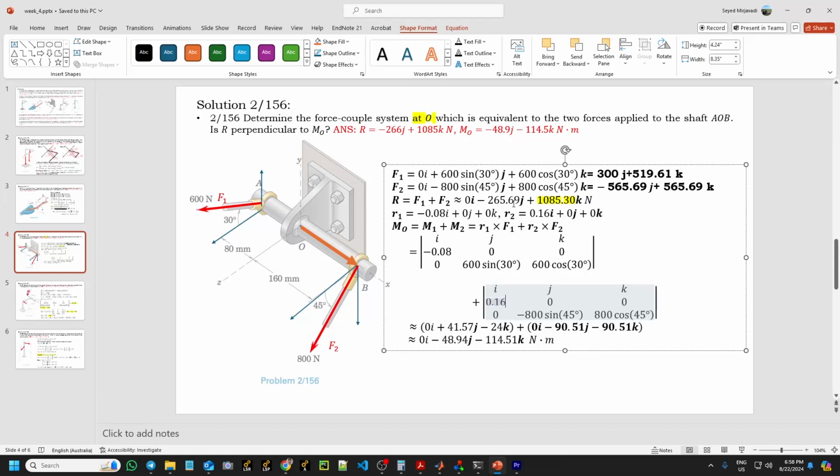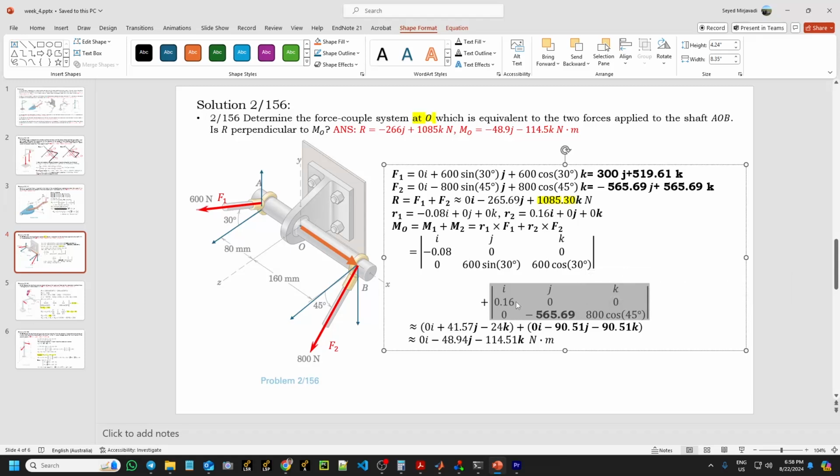Components we copy from F2, which are here, negative 565.69. Here I put negative 800 sine 45, but you don't need to do that. You can just copy this and put it here, like this. Then we will obtain these two determinants, which are two vectors.